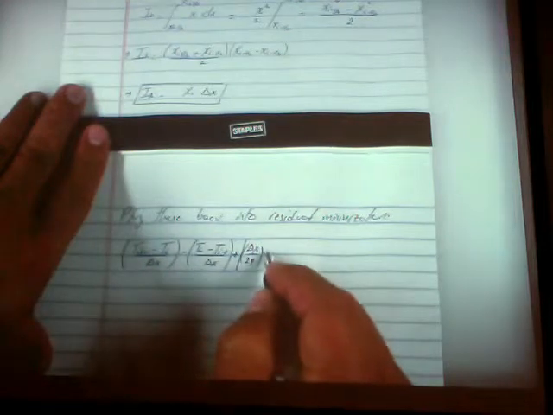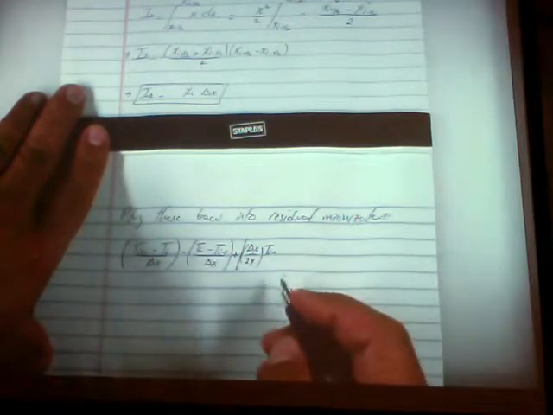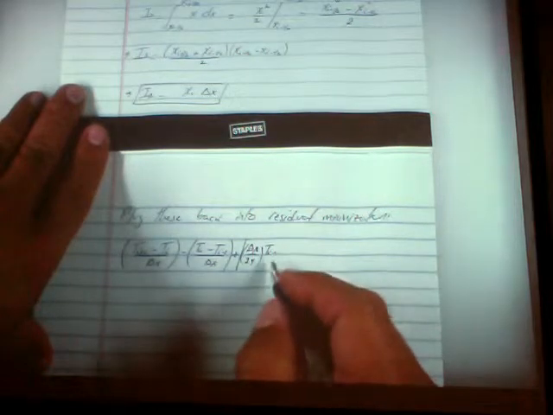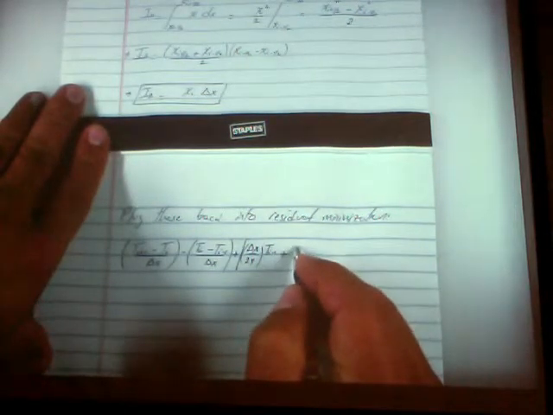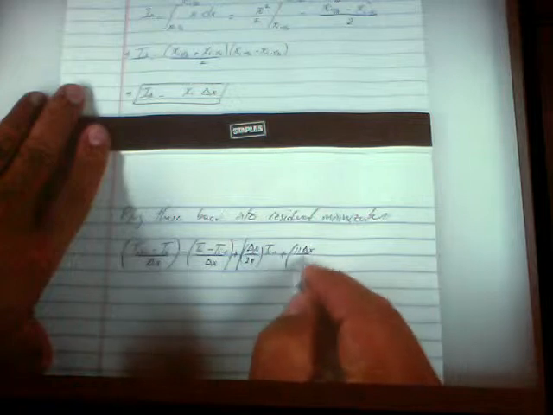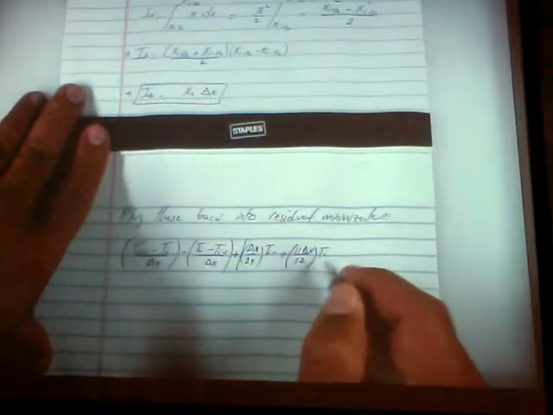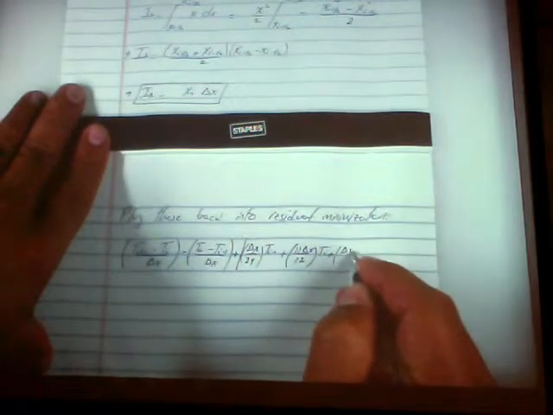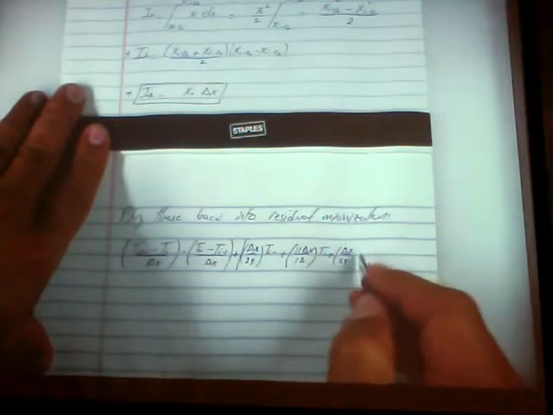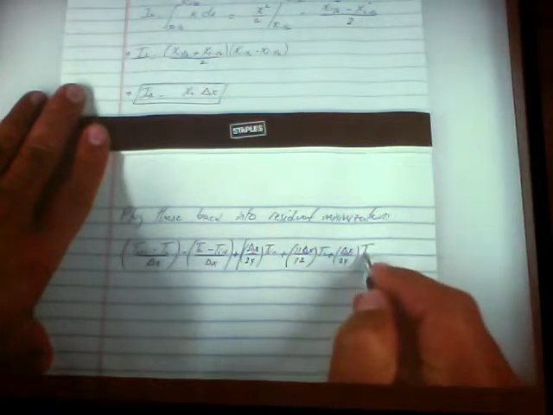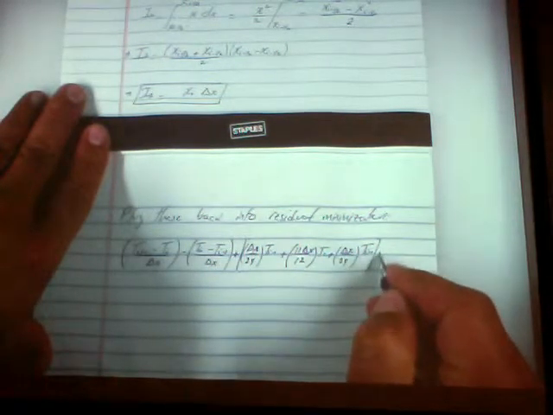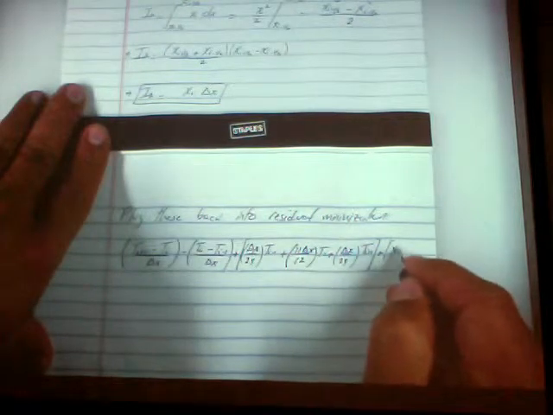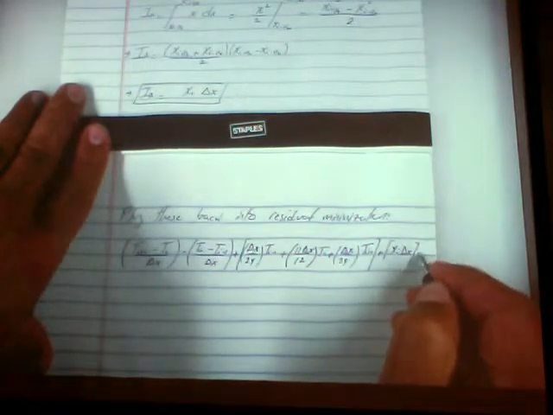Integral 1 resulted in delta x over 24 Ti minus 1 plus 11 delta x divided by 12 Ti plus delta x divided by 24 Ti plus 1, and I2 resulted in xi times delta x, and this is equal to 0.